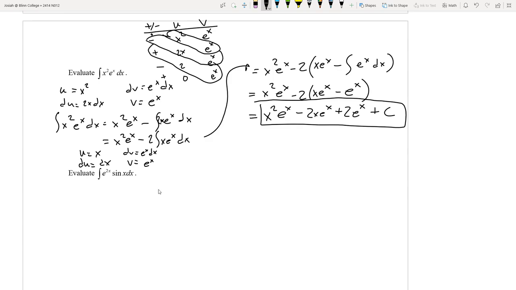All right, so we see here, we have our two worst candidates, both in an integral. And so whenever you see an exponential and a trig function at the same time, you're pretty much guaranteed that this table is not going to work too well. It can get you to a certain extent, and we'll examine where it can lead us, but it's not going to just spit out the answer.